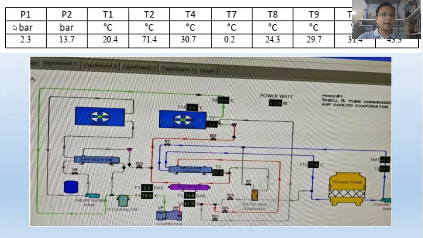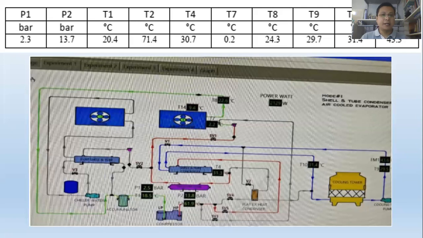The data we can collect: pressure initial, which we can get from the computing system in the experiment, and then P2, and then T1, T2, T4, T3, T7, T8, T9, T10. From this data collected, we can plot the P-H condition.